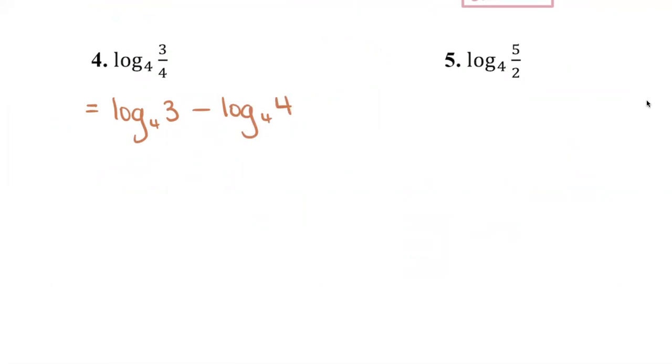Okay, so that's using the second log property. And log base 4 of 3, they give us is 0.7925. And log base 4 of 4 is actually just 1, right? 4 to the 1st power is what gets us 4. So we can just simplify that to be 1. And we get negative 0.2075 when we subtract.